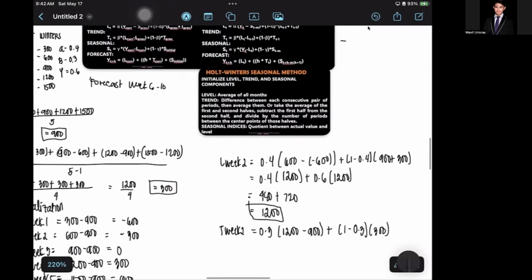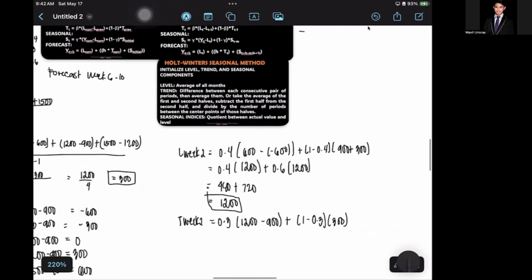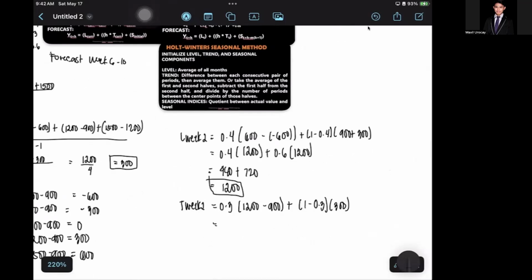Then beta, 1 minus 0.3. Then previous trend is 300. So calculating that one, 0.3 times 1,200 minus 900, it will become 300, plus 0.7 times 300.